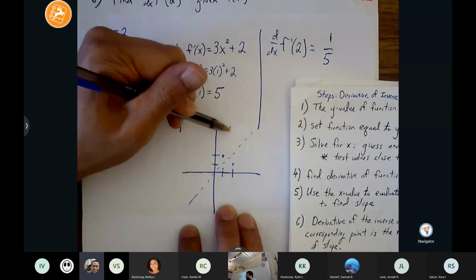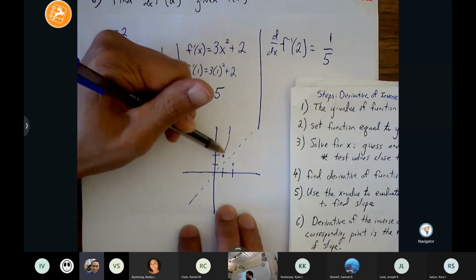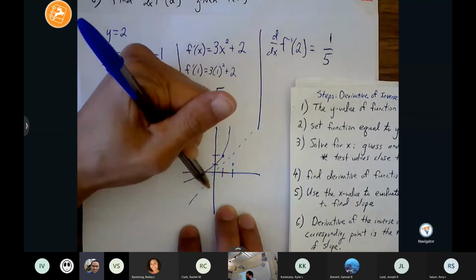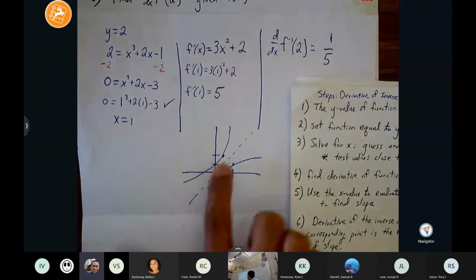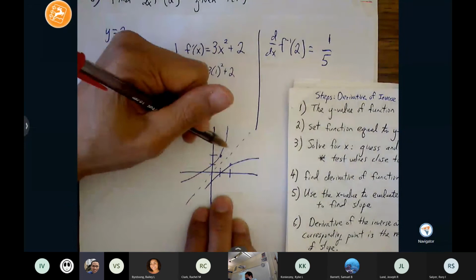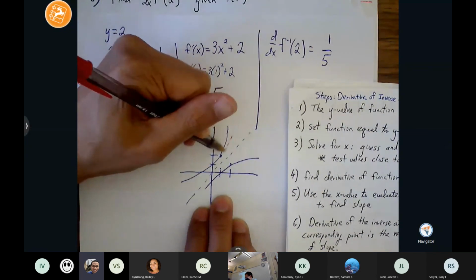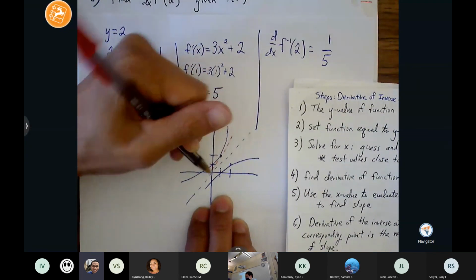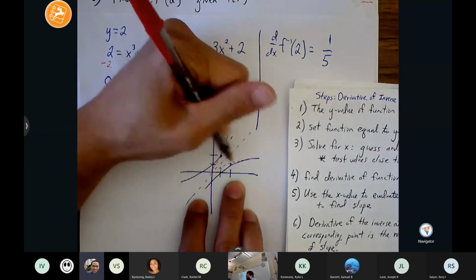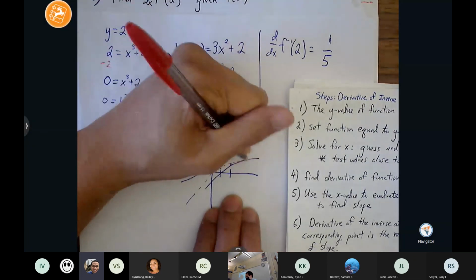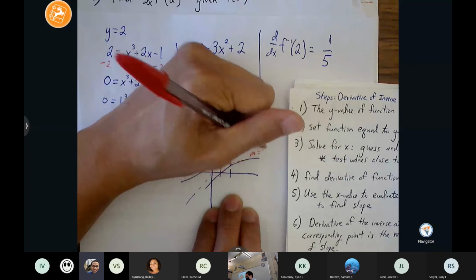And this may not be the shape of the graph, but we found the slope of the f graph being 5. And then the slope of the inverse at its point is going to be 1/5.